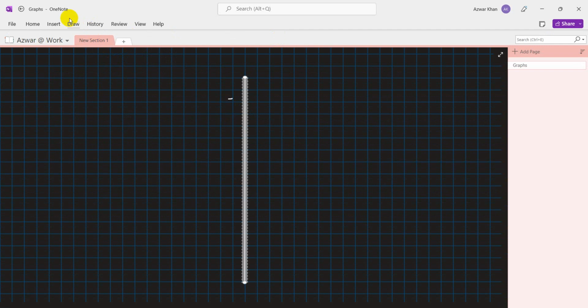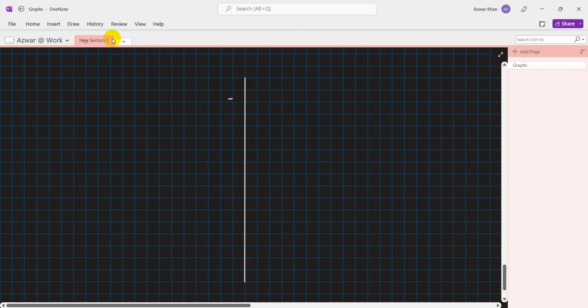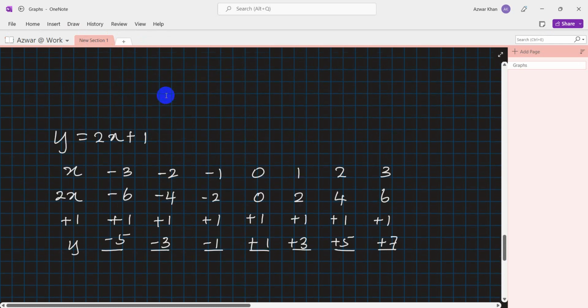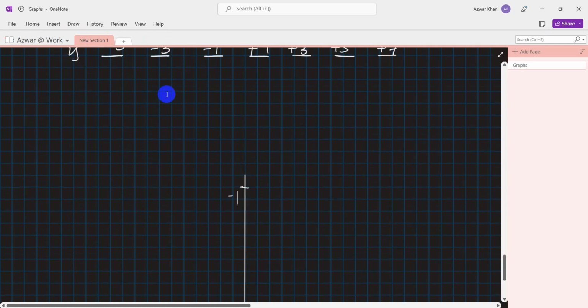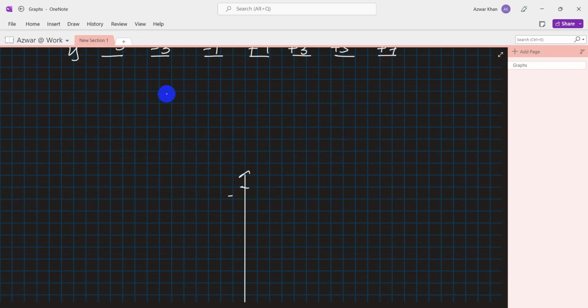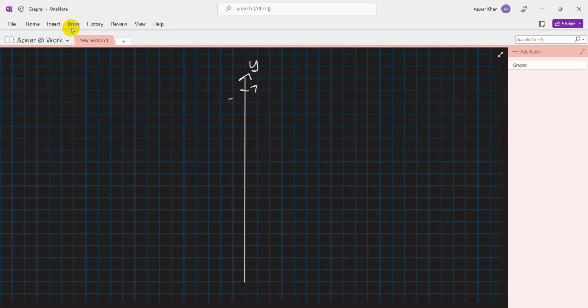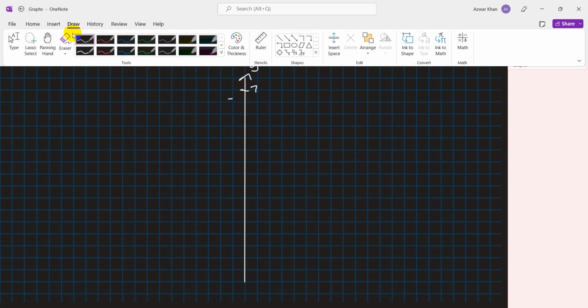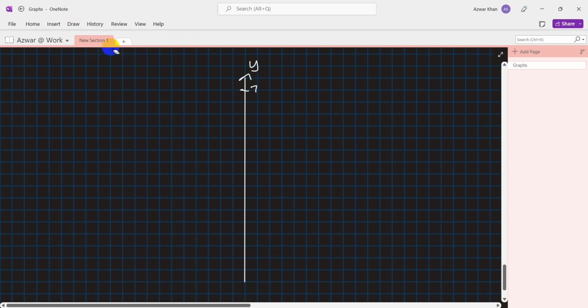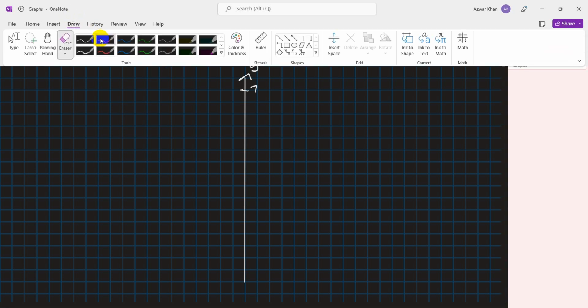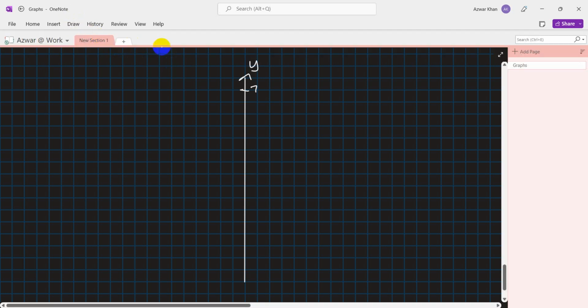So this is my y-axis. I have to go up to plus 7, so this is 7. It's up to you how you are going to scale this line, or in the exam or in the exercise they will mention how to scale your values.